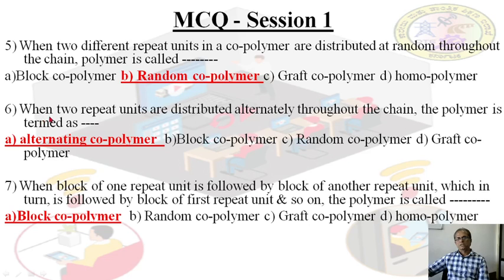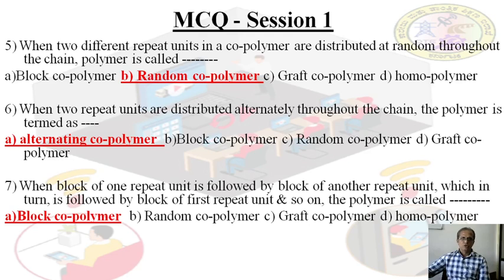Question number 6. When two repeat units are distributed alternately throughout the chain, the polymer is termed as dash. Answers are alternating copolymer, block copolymer, random copolymer, and graft copolymer.